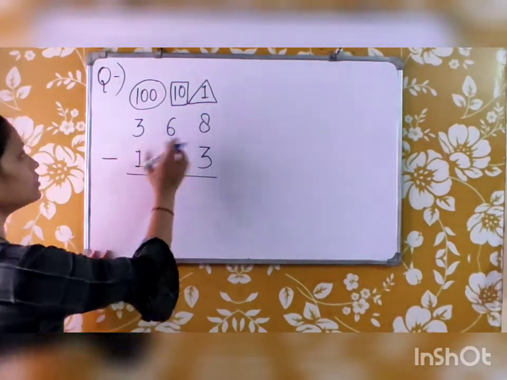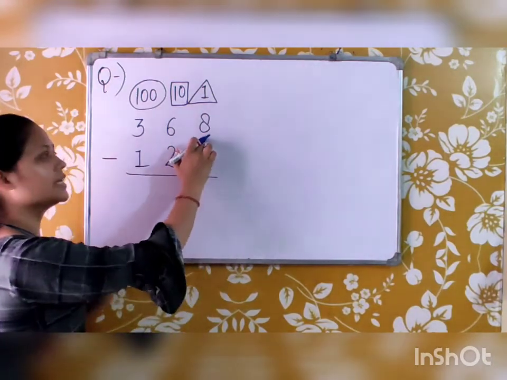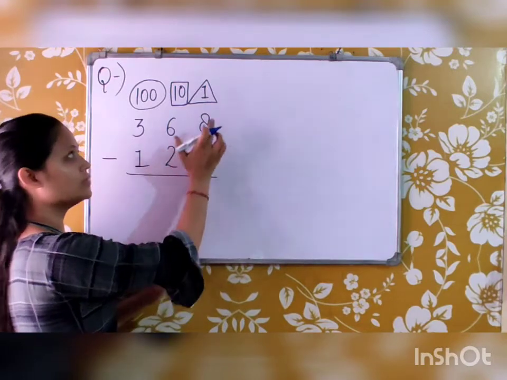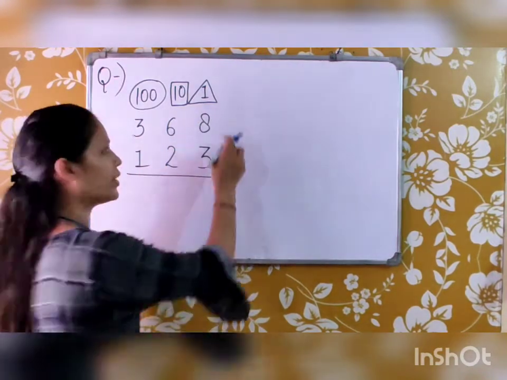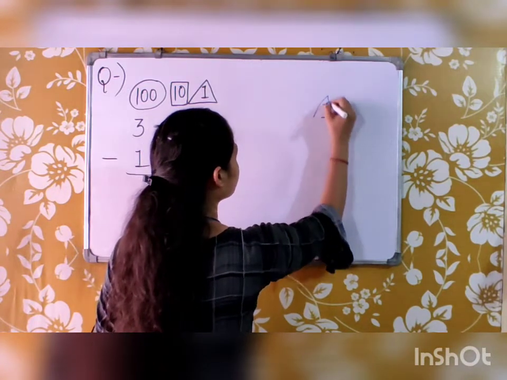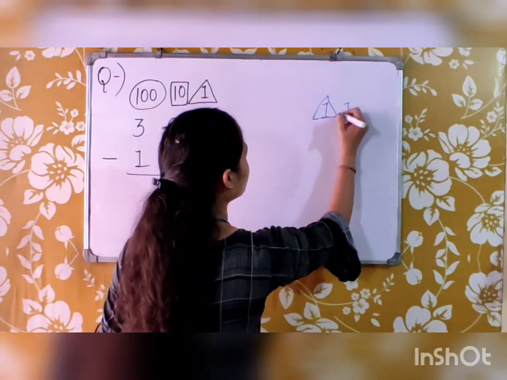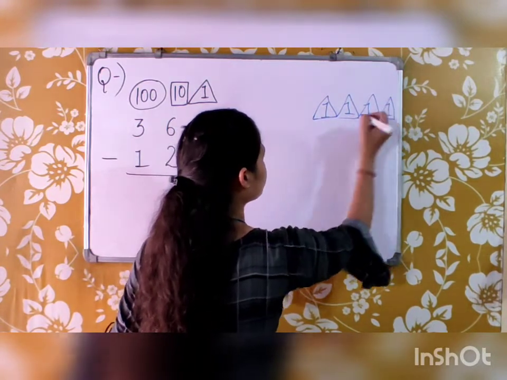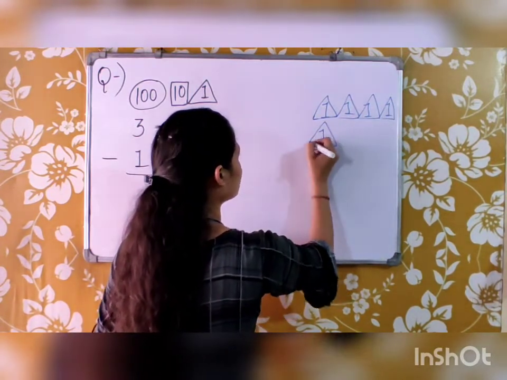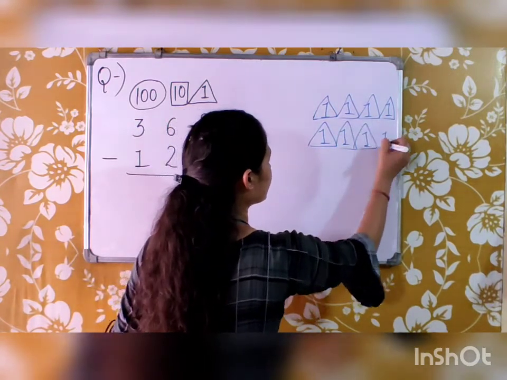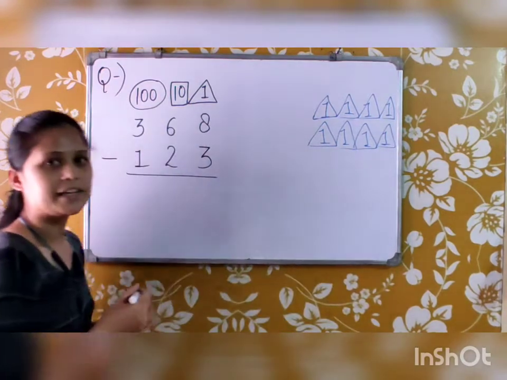See, first there is 8 written in the ones place, so we will write 1 eight times. So let's write 1, 2, 3, 4, 5, 6, 7 and 8. We have written 8 times ones.